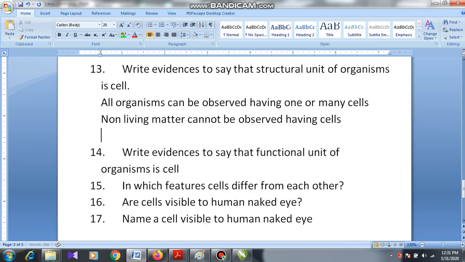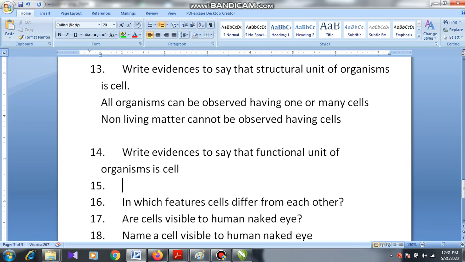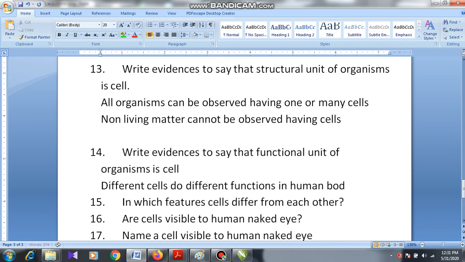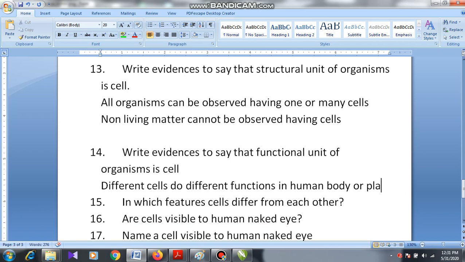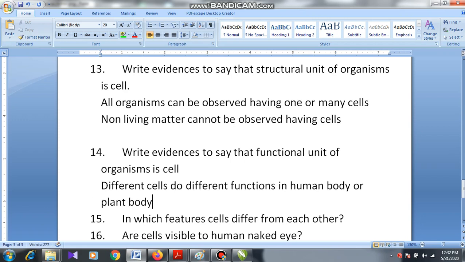Write evidences to say that the functional unit of organisms is the cell. Different cells do different functions in the human body or plant body.